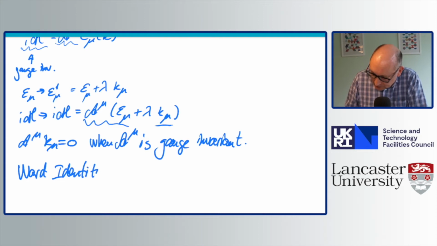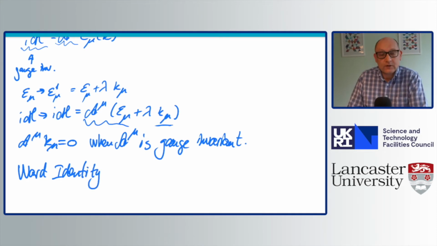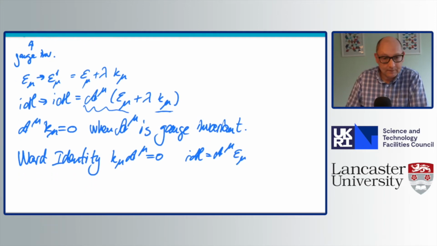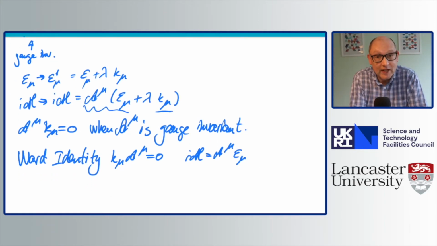It's a result of the gauge invariance of QED that k mu A mu must be equal to 0, where A mu is given by the amplitude. It's a useful test for the gauge invariance of the calculation. If you contract with the photon momentum and get something non-zero, then there's probably a mistake somewhere.